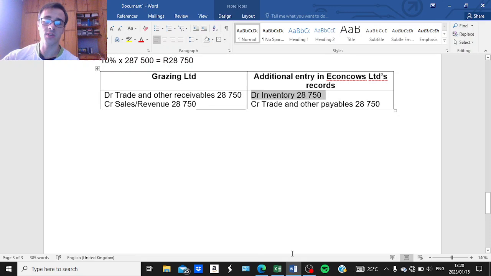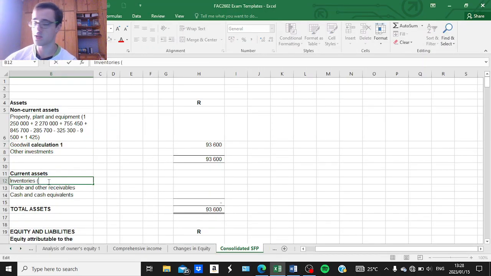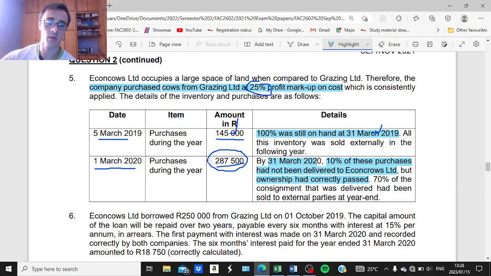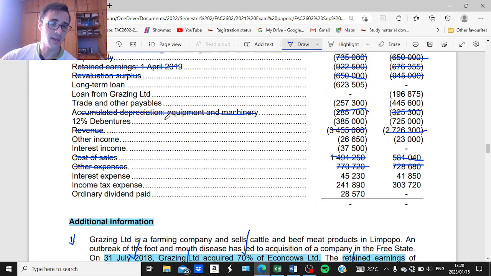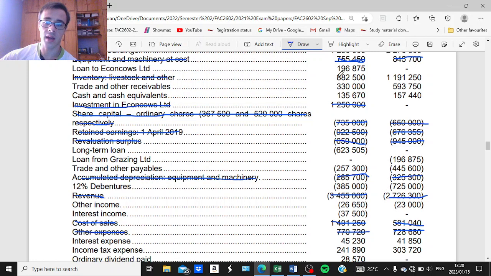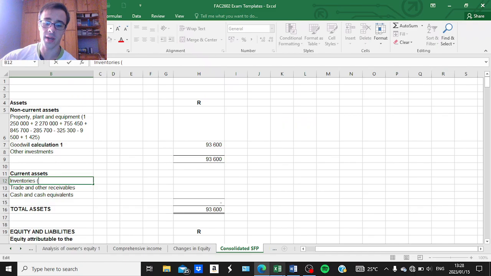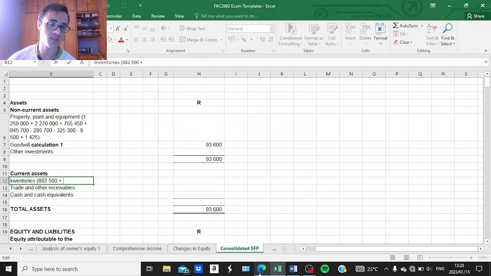So we need to increase inventory for the subsidiary. So in the consolidated statement of financial position, start with the amounts provided, which were inventory, livestock, and other, 882,500 for the parent, plus 1,191,250.